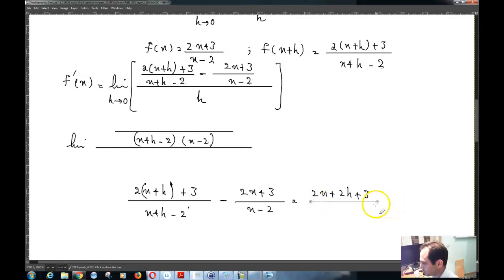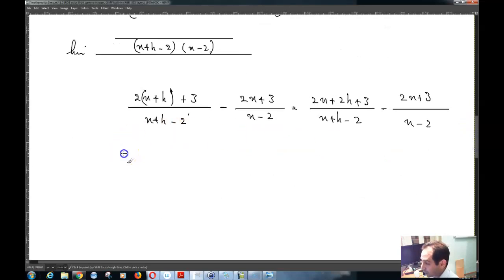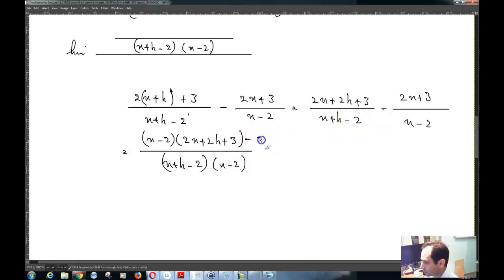I have 2x plus 2h plus 3 over x plus h minus 2 minus 2x plus 3 over x minus 2, and then this is equal to x plus h minus 2 times x minus 2, and then that is x minus 2 times 2x plus 2h plus 3 minus 2x plus 3 times this thing over here, x plus h minus 2, if I'm not wrong.